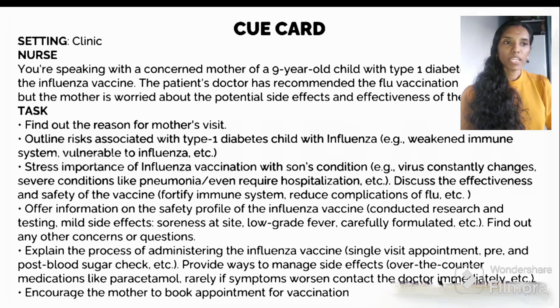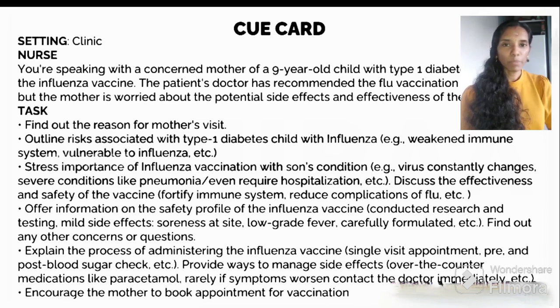Next, outline the risk associated with a type 1 diabetes child with influenza, like a weakened immune system and vulnerability to influenza. You don't know the exact concern, so you can ask: Maria, may I know what is exactly concerning or bothering you regarding the vaccine? Then the answer will be: Yes sister, actually I'm somewhat concerned about the potential side effects and effectiveness of the vaccine as well.